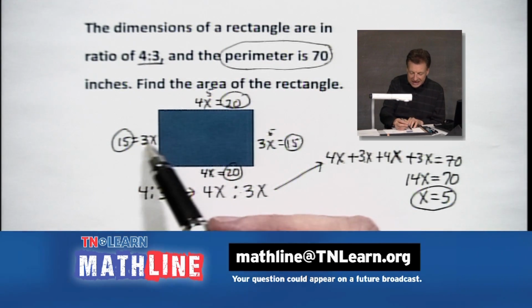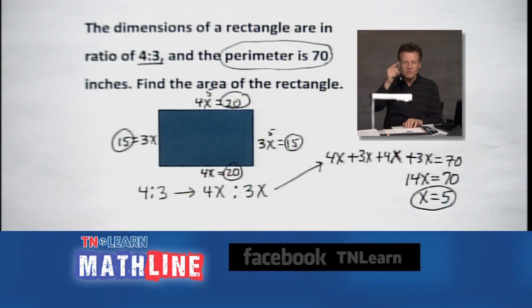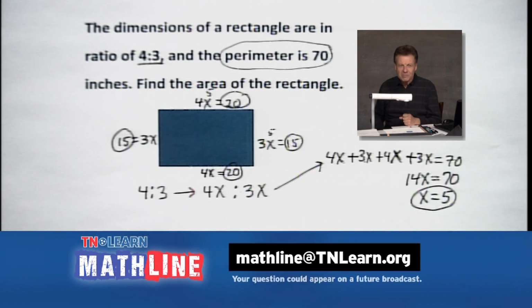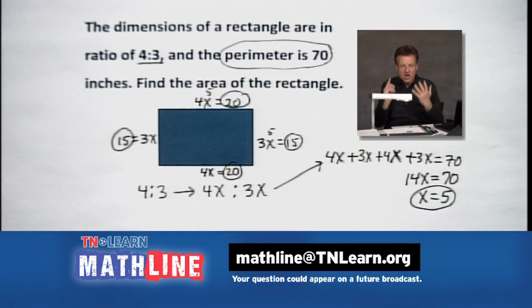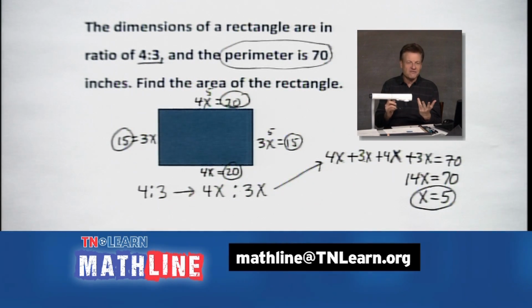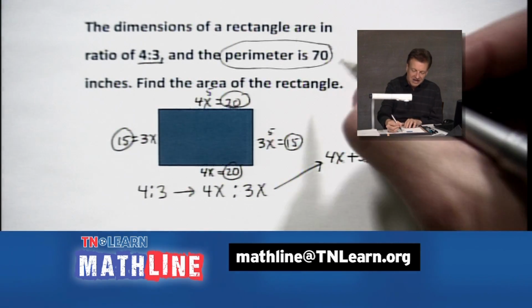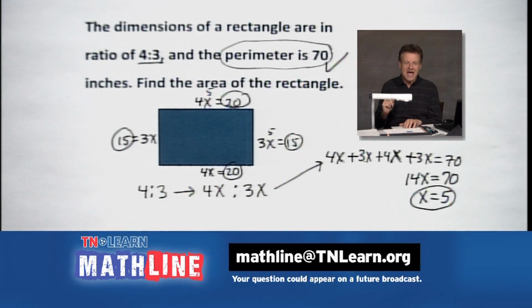When we put it back in, we get 15 and 20, which adds up to 35. Another 35. If we double 35, 35 plus 35, it's back to 70. So that requirement is checked out.